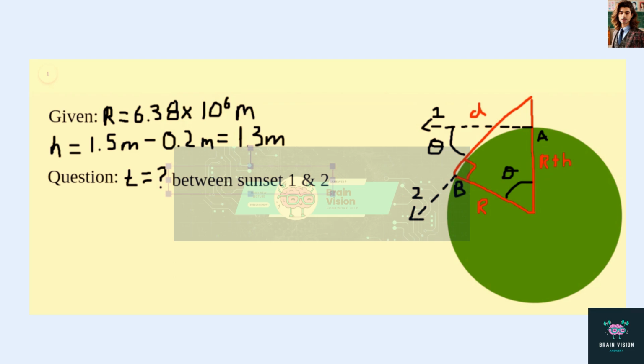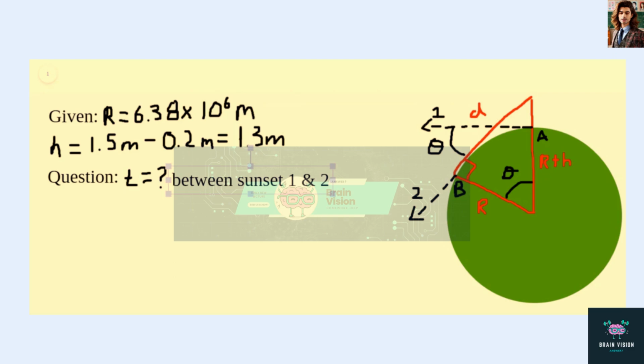The angle between these two dotted lines is theta, and from geometry, that's going to be the same angle as between r and r plus h. And conveniently, r plus h and d make a right triangle here, which I showed by drawing that little square in the corner where the right angle appears. So this is actually really useful.